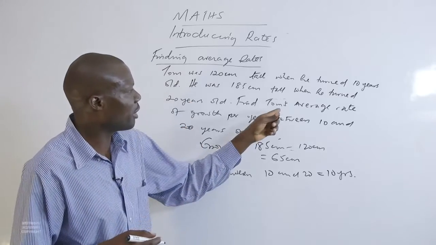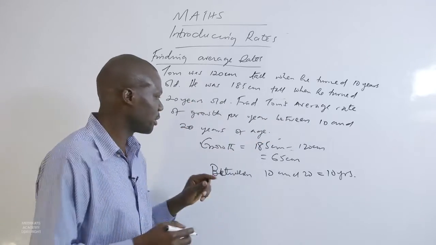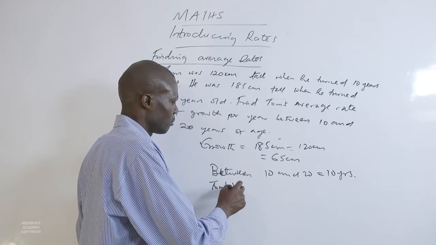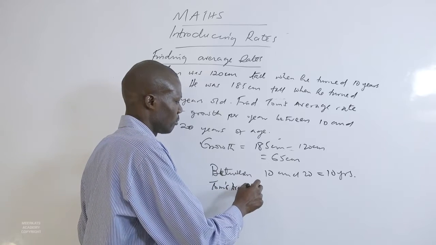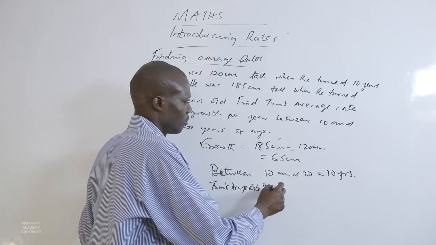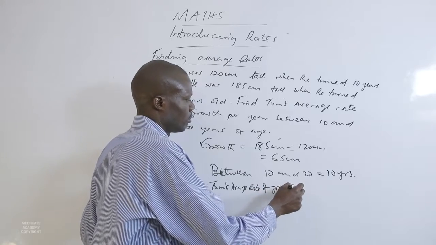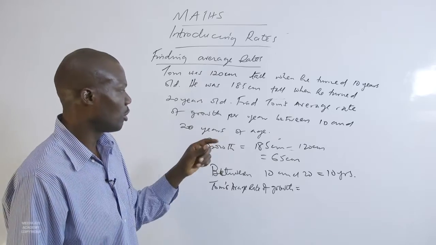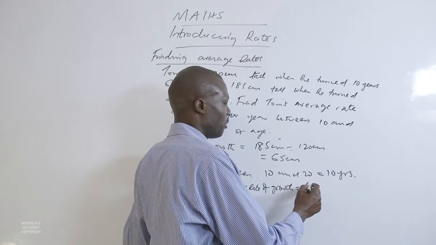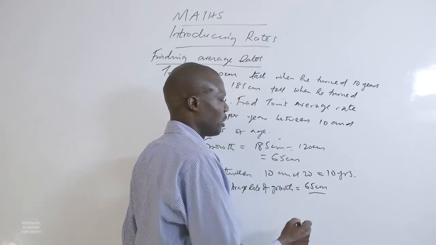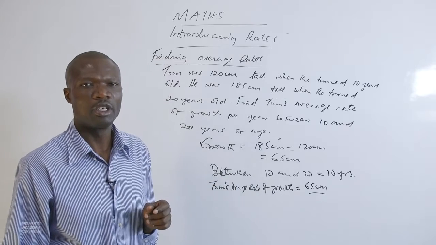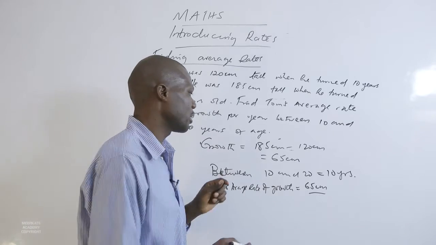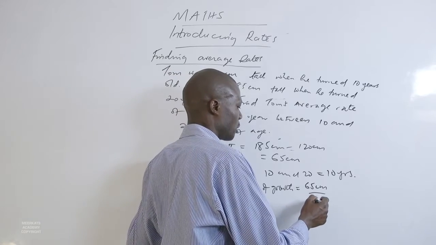So Tom's average rate is equal to total change, which is 65, divided by total change in years, which is 10 years.